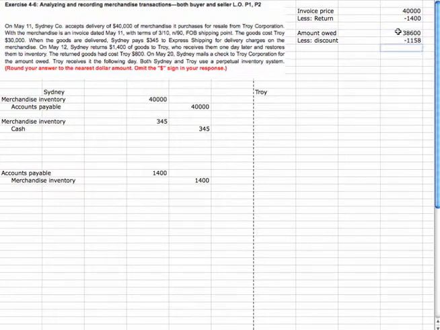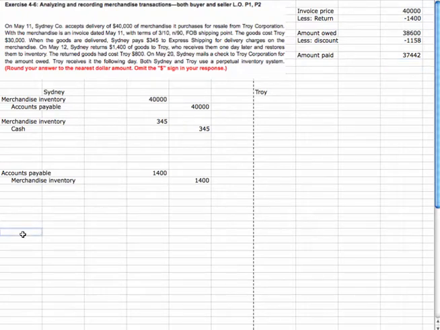We're going to take a $1,158 discount. So the amount to be paid will be the difference between the two, to give you $37,442.